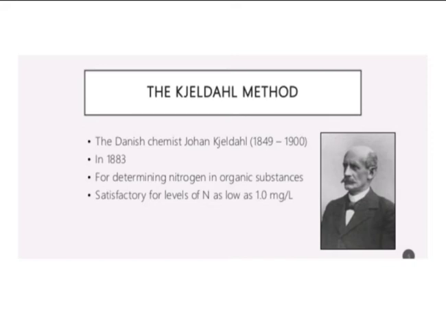The Danish chemist Johan Kjeldahl, 1849 to 1900, this is his lifetime, and in 1883 he found a method for determination of nitrogen in organic substances, and this one is the photo of the chemist Johan Kjeldahl. He developed a satisfactory method for finding nitrogen levels as low as 1 milligram per liter.